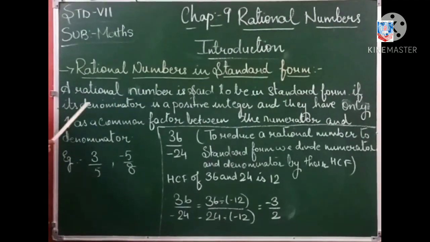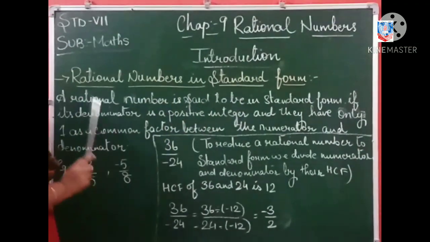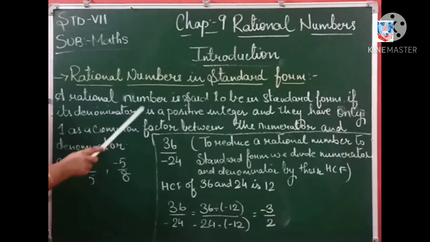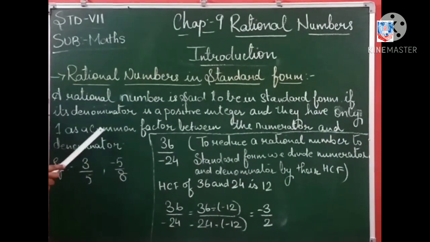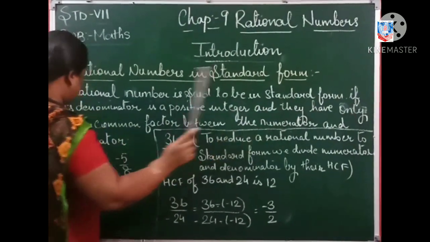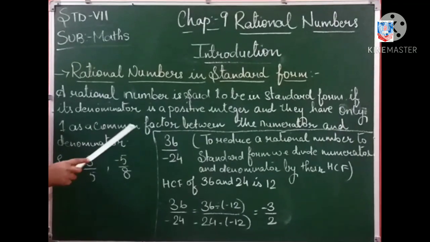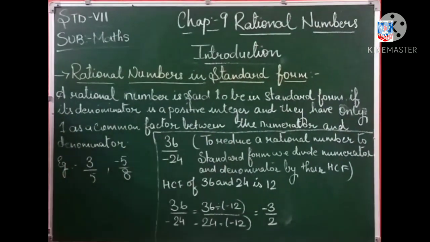Our next topic is rational numbers in standard form. Now see, a rational number is said to be in standard form if its denominator is a positive integer and they have only 1 as a common factor between the numerator and denominator.